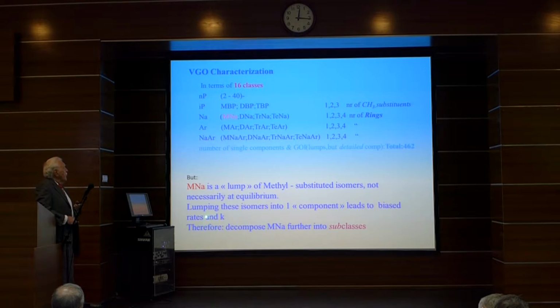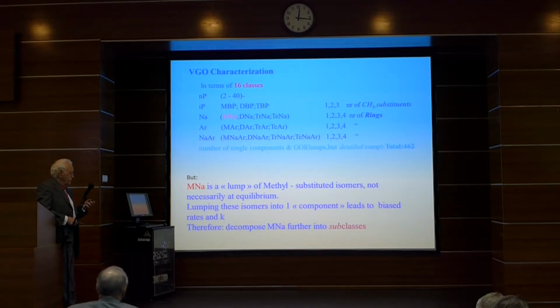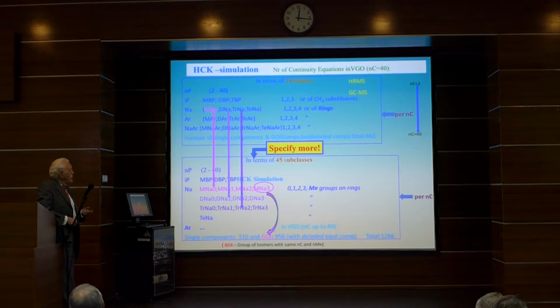And therefore, if we really need to do something realistic and useful, we have to decompose that further into what I call subclasses. And those are shown here on this slide.